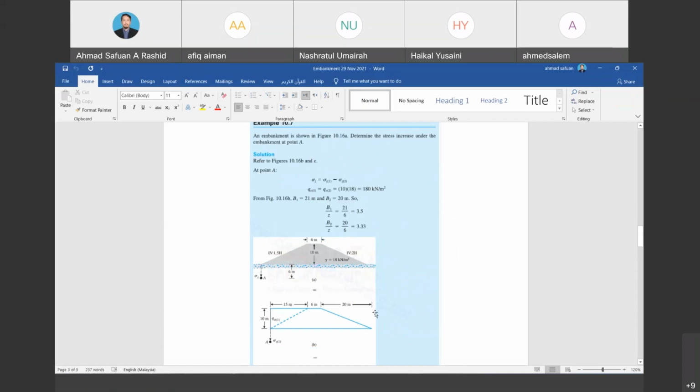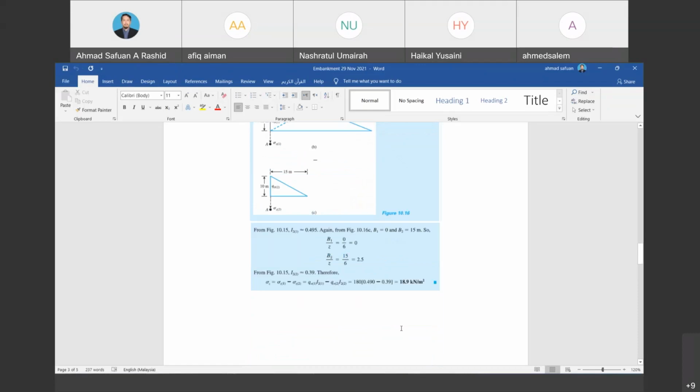So 180 times the difference between I2 1 minus I2 2. So 0.49 minus 0.39 multiplied by 180, it becomes 18.9.